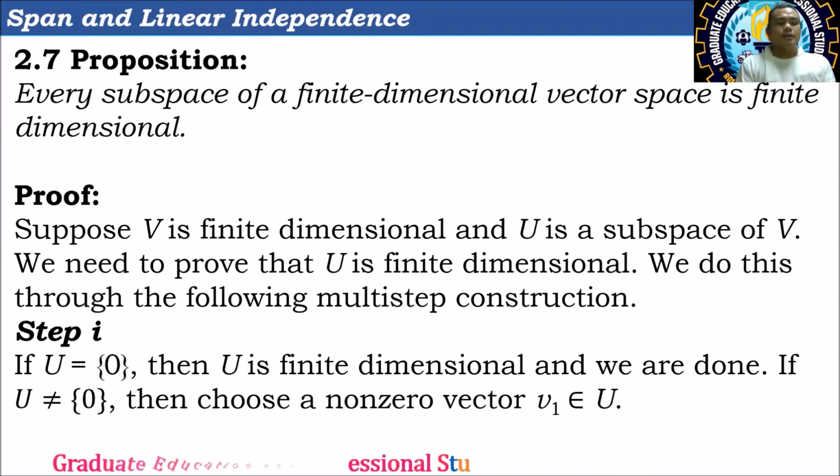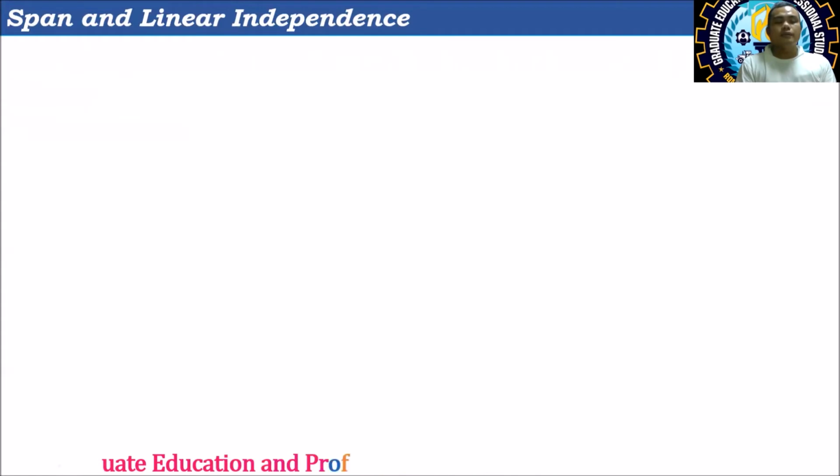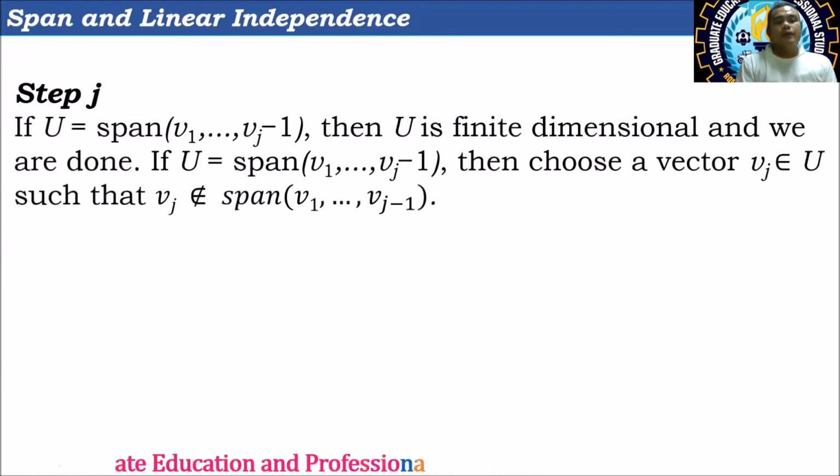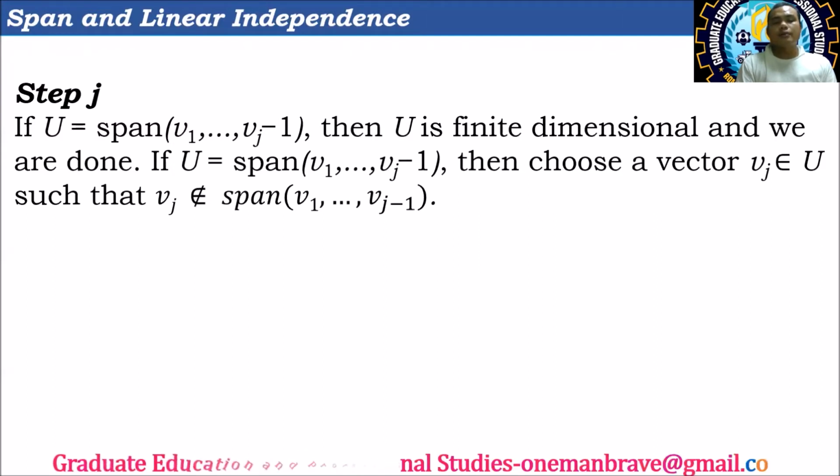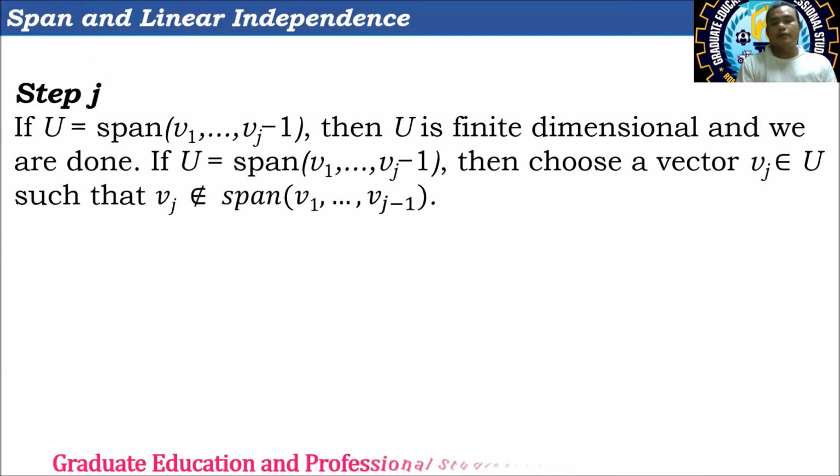Okay. Now, step J, if that's the case, if U spans the vector, then U is a finite dimensional and we are done. If U is not equal to the span of the vector, then choose a vector Vj, which is an element of U, that Vj is not an element of the span of V's or vectors.